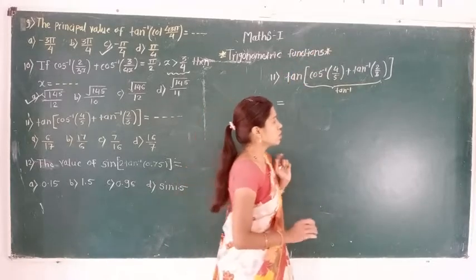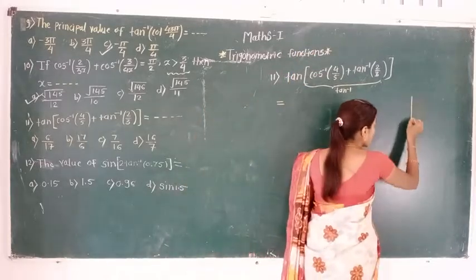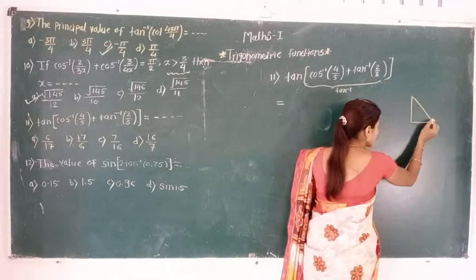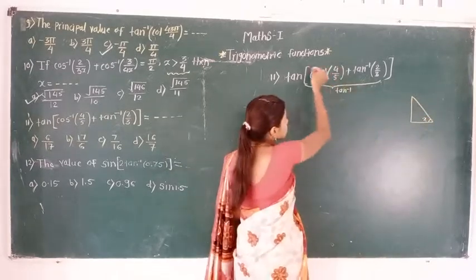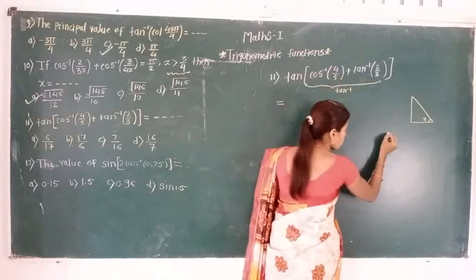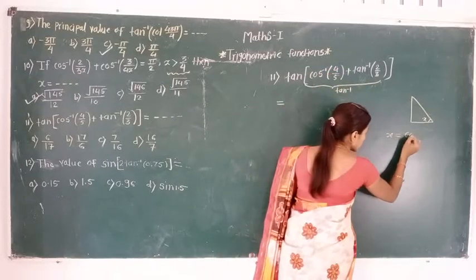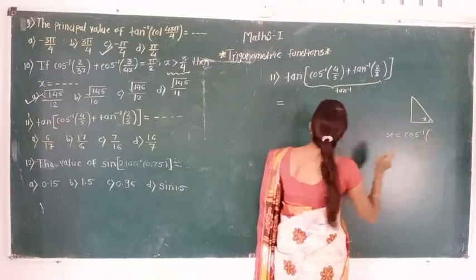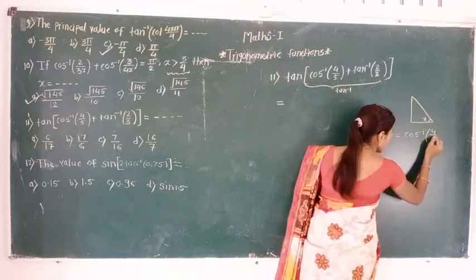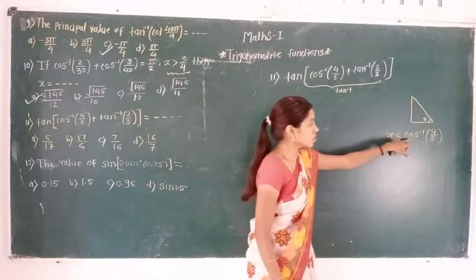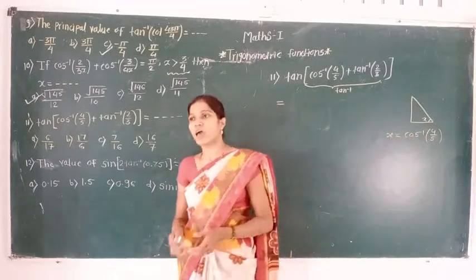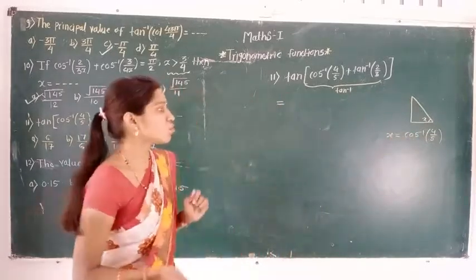Okay, so see here in this triangle, here is the angle x, and first we consider this term as x. So x is equal to, we can write, cos inverse 4 by 5. So we know that for using this information we have to find all the inverse functions.